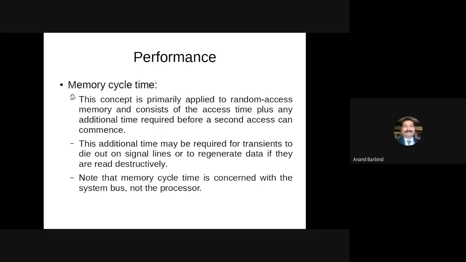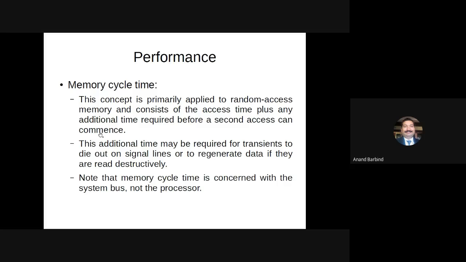Then another parameter is the memory cycle time. This concept is primarily applied to random access memory and consists of the access time plus any additional time required before a second access can commence.